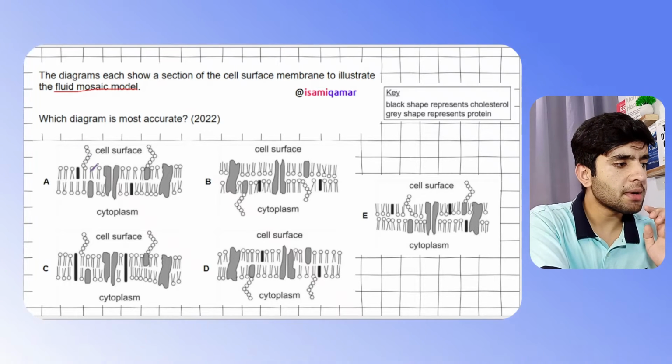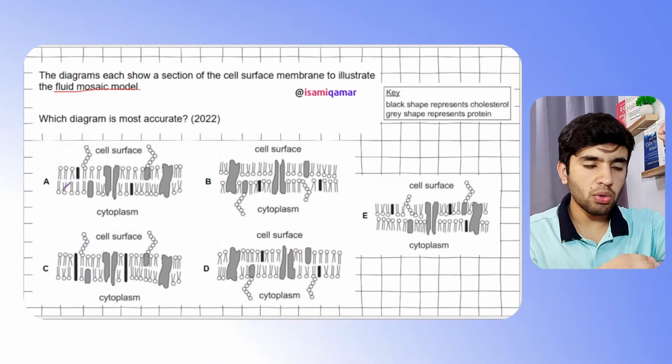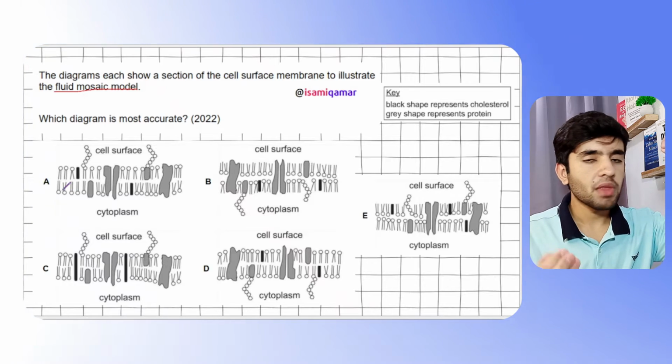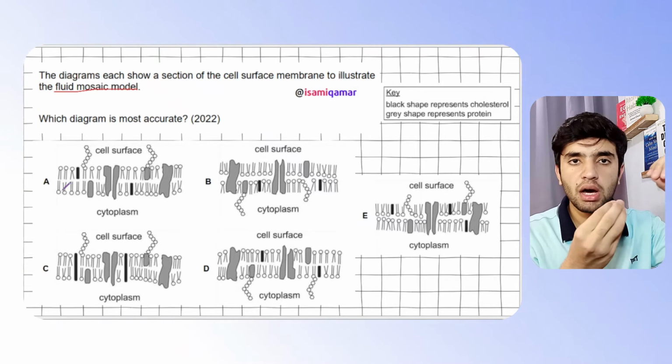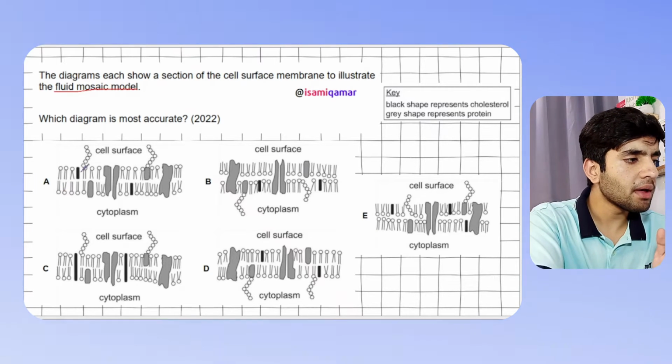So now understand it. You have to remember that these are the phospholipids. The phospholipid heads will be on the cell surface, and inside, the heads will be in the cytoplasm, because heads are hydrophilic while tails are hydrophobic, so they will arrange in this way.